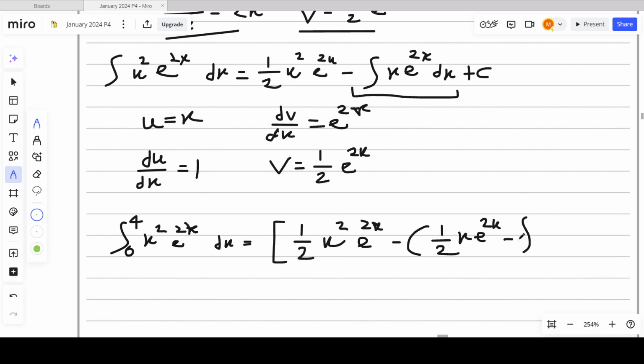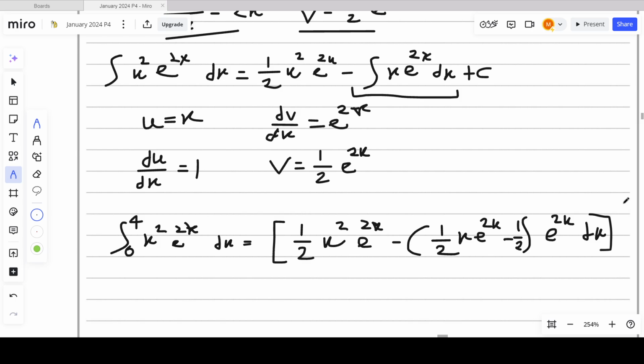Half times 1 is half, which we take outside the integral, and it will be e to the power 2x dx. Since it is a definite integral, we don't need to put c.